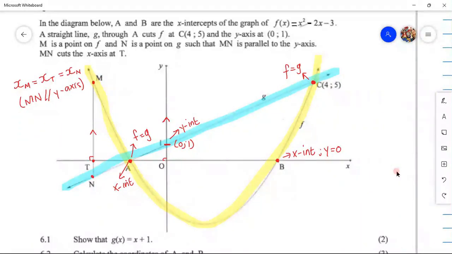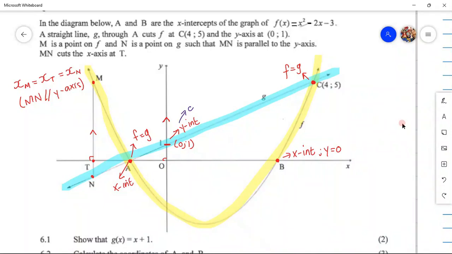We need a random coordinate and we need the gradient, or we need the value of c, which is our y-intercept, and the gradient. So in this case, we're going to use the second method because we can see that we have the c value, which is c equals 1. That is our y-intercept. So we can just make a note here. That is our value of c.